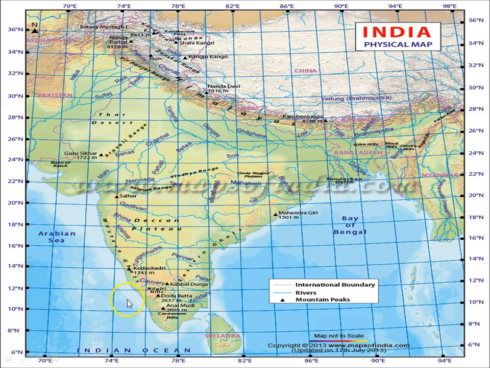Now we all know very well how we calculate time, so we are not going into that detail, because we have given a special lecture on how time is calculated. So this is our eastern extent, this is our western extent, this is our northern extent, and this is our southern extent, right?